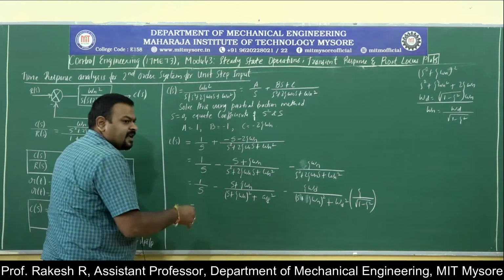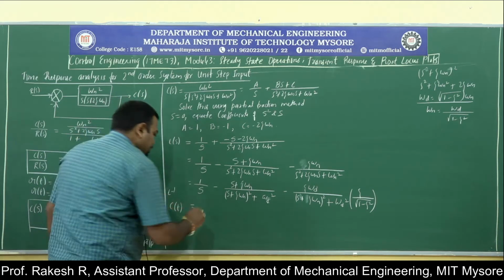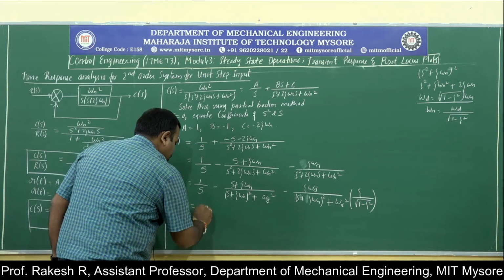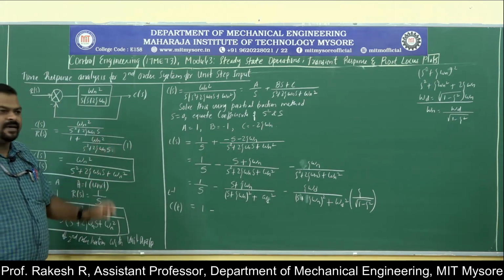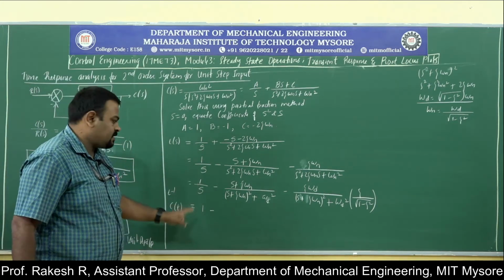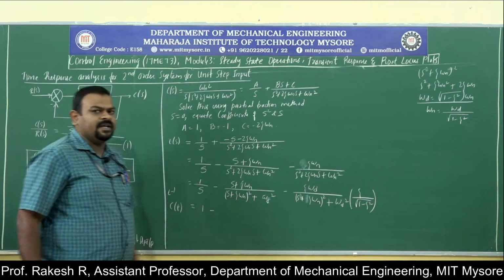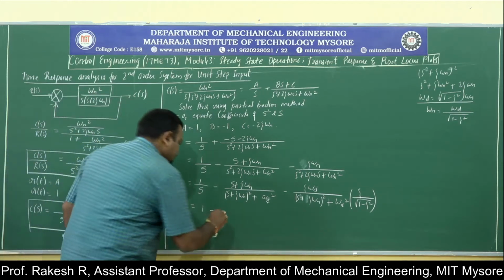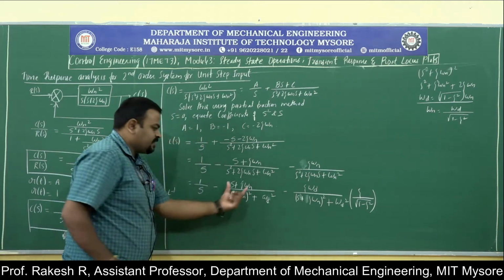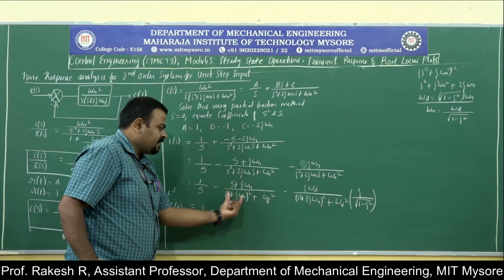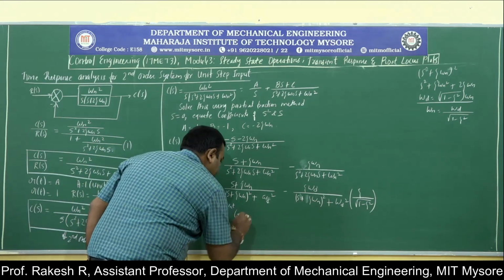So if I take the Laplace inverse, C of s becomes C of t. Laplace of 1 is 1 by s, so the Laplace inverse of 1 by s is 1. And this will use the first shifting property in the Laplace transformation. It will be e to the power of minus zeta omega n t into this term s divided by s square plus a square, which gives cos a t.